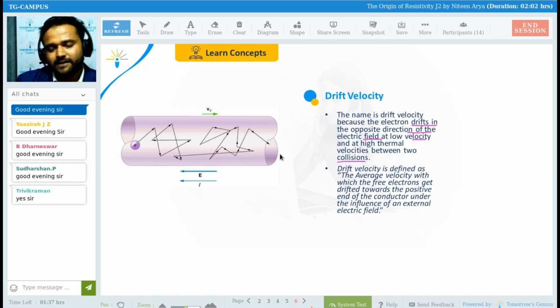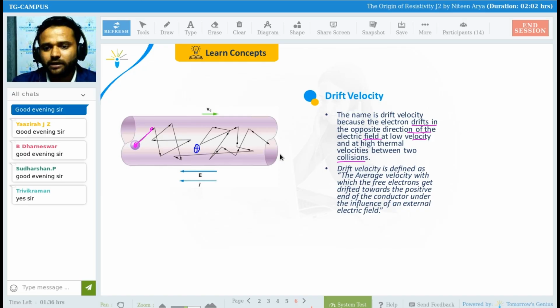Now what are they saying? Until we apply any particular potential difference to this conductor, the electrons are randomly moving like this. When they are randomly moving, they are going to collide with each other, and they also collide with the ions, because there are not only electrons in the conductor, but we have positive charged particles also. Clear?